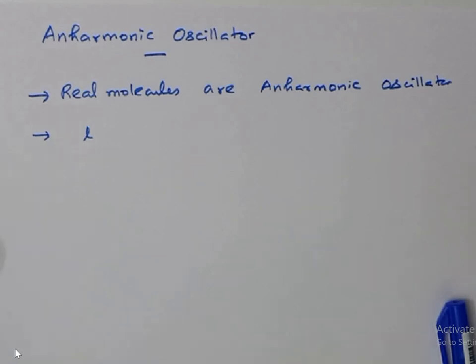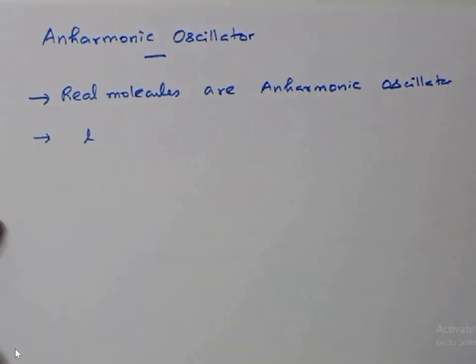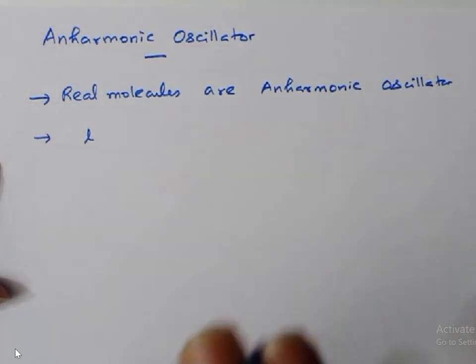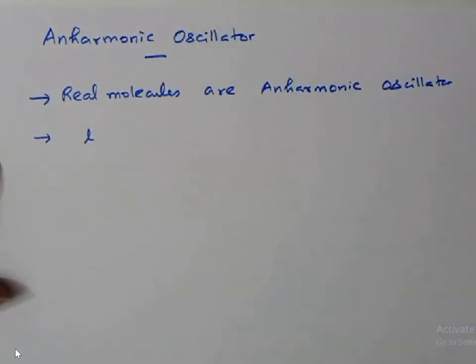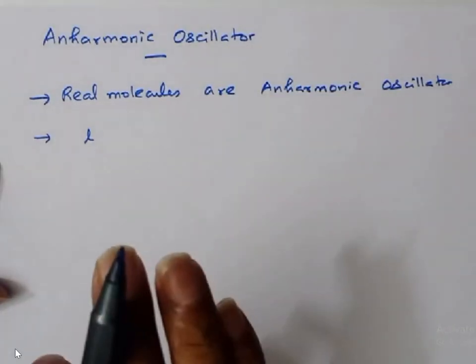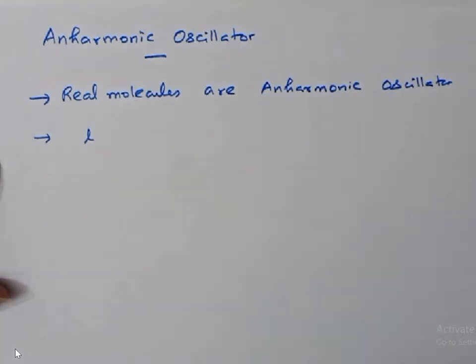Okay, let's continue our discussion on anharmonic oscillator. So in the last class I have told you that diatomic molecules behave like anharmonic oscillators. They do not follow Hooke's law, right?